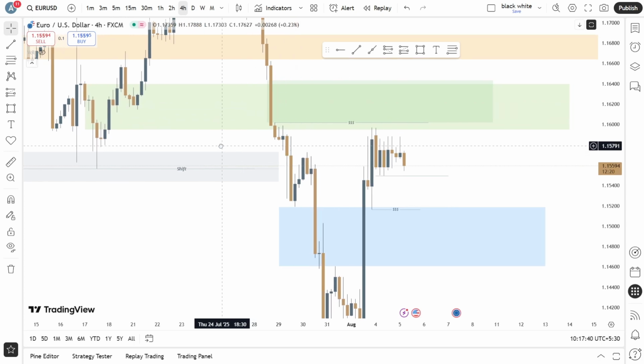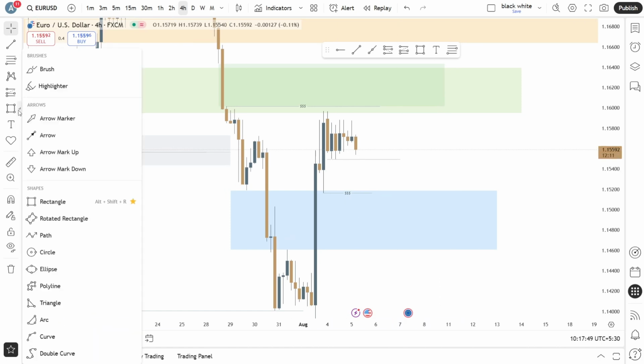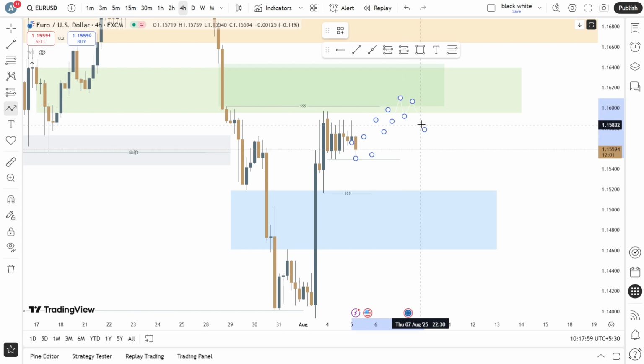So I'm anticipating now that most likely we can see a possible manipulation into the market. It will be quite subtle. If the price could move like this, then we can come down till this BPR level.